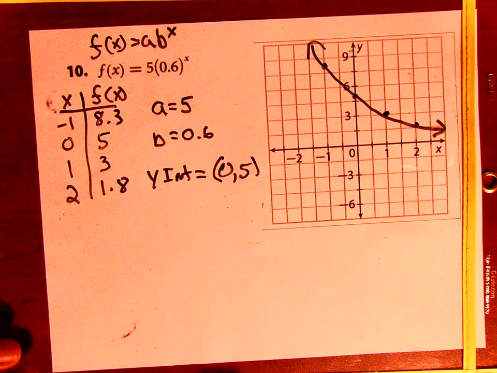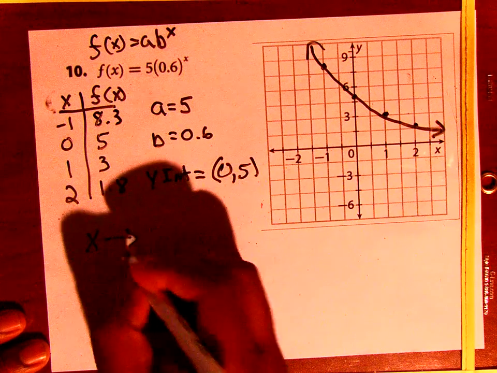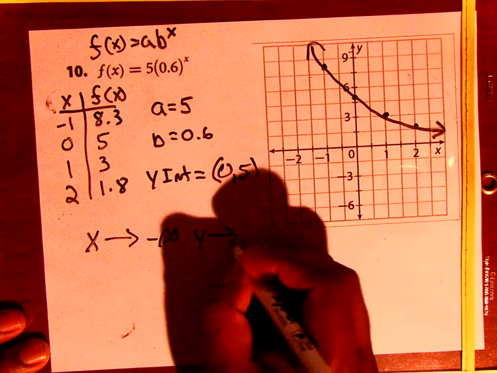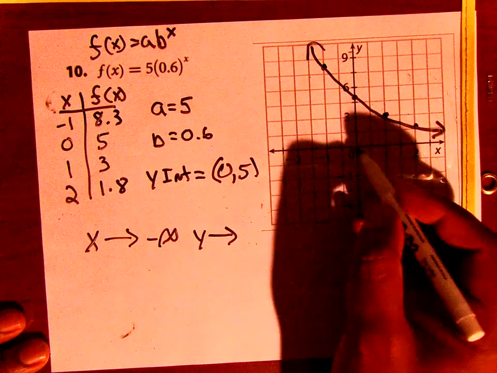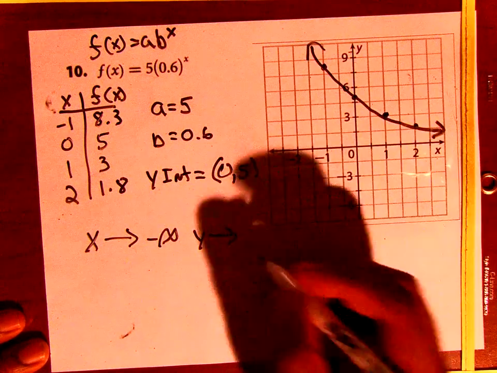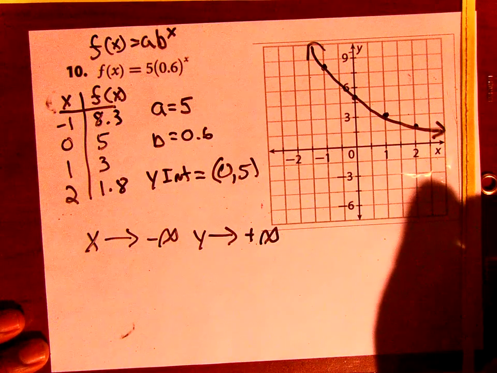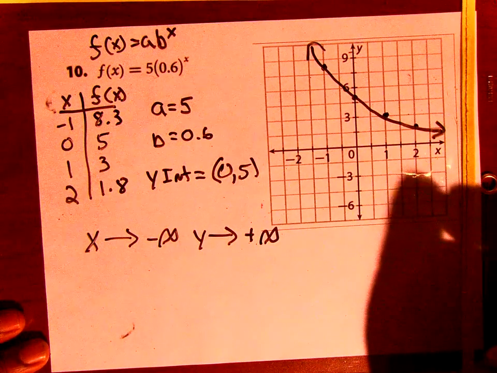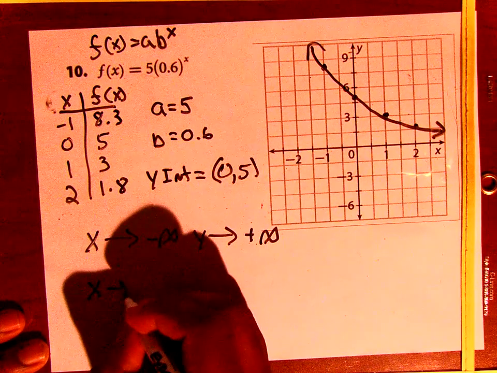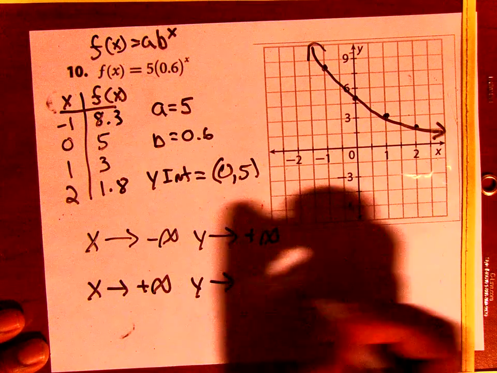And now we just need to do the end behavior. As x approaches negative infinity, what does y do? As we go left, left, left, this is going to keep going up to positive infinity. And as x goes to positive infinity, what does y do?